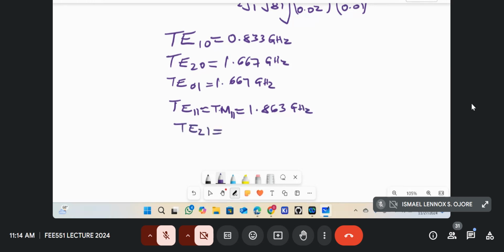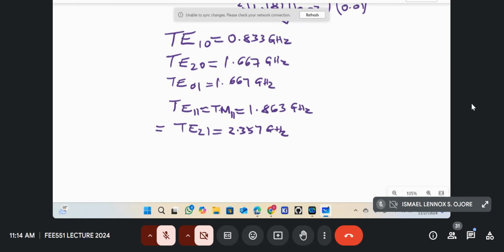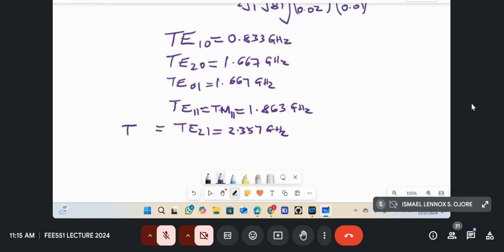then one at 2.357 gigahertz, which will be the same with TM21.